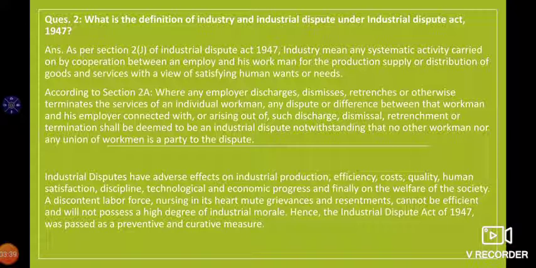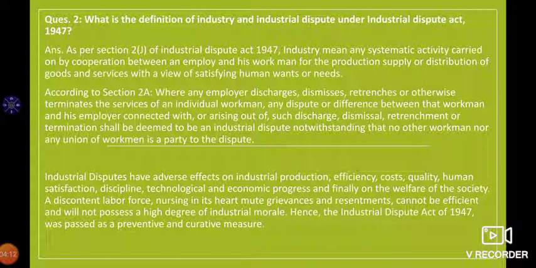As per section 2J, industry means any systematic activity carried on by cooperation between an employer and his workmen for the production, supply and distribution of goods and services with the view of satisfying human wants or needs. So wherever we can see production or manufacturing of any material or services, that may be called an industry, right? So now let's move further.